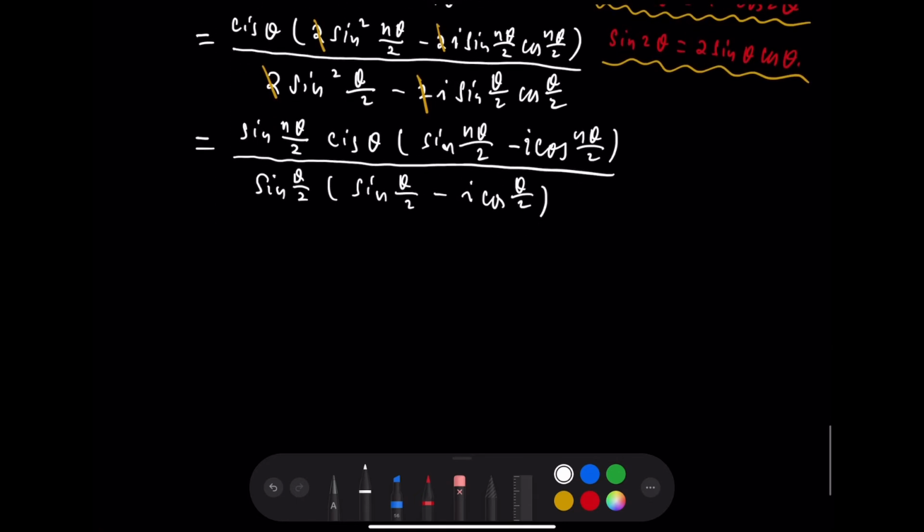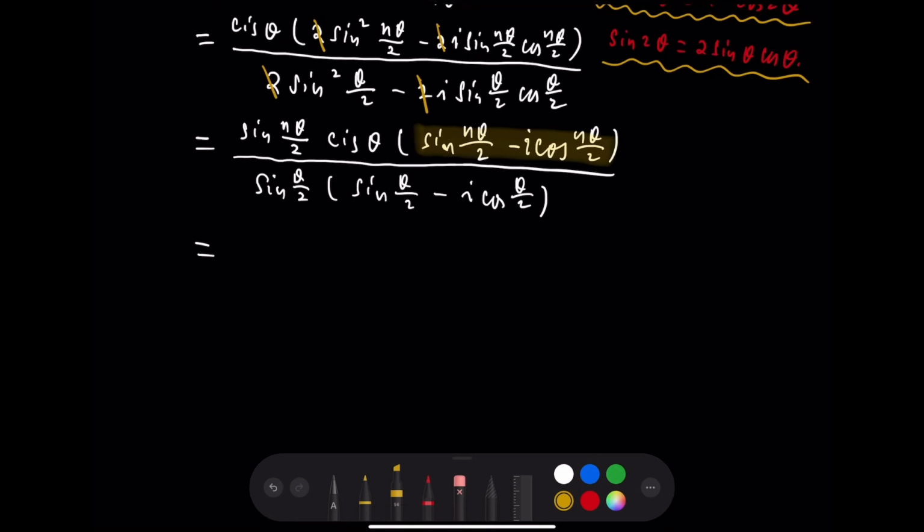The complex number parts are highlighted for you here. It looks like the i is in the wrong position. I need i on the sine, not on the cos.